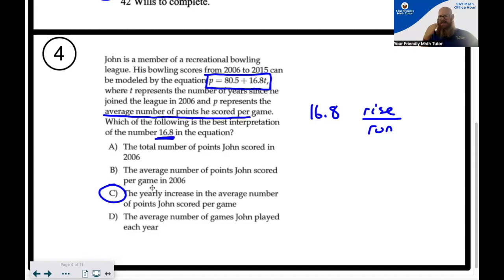As the years change, the number of points per game changes. Or if you just look at total, that doesn't really make sense for slope. Average number of points John scored per game in a single year, that doesn't make any sense. And the average number of games played, that again doesn't make any sense because this isn't talking about the number of games played.